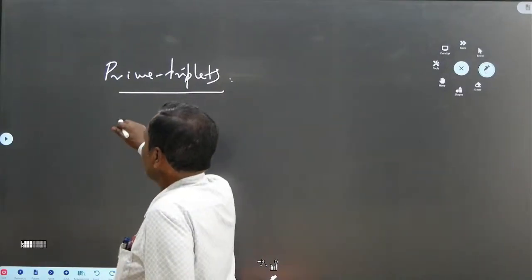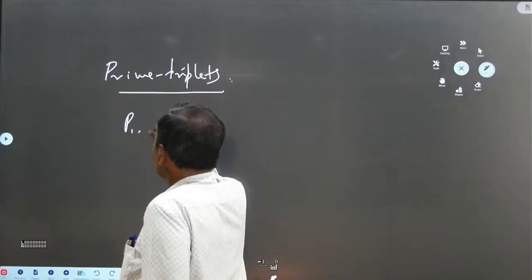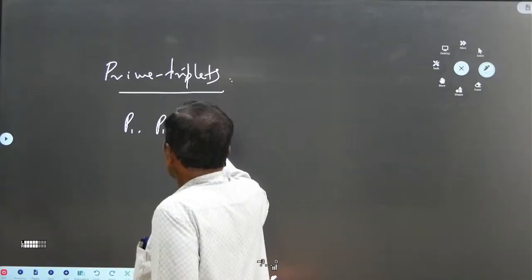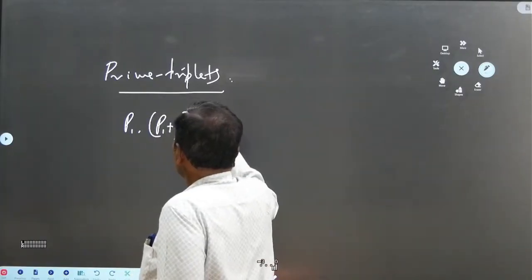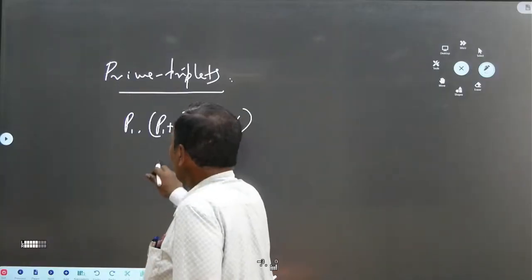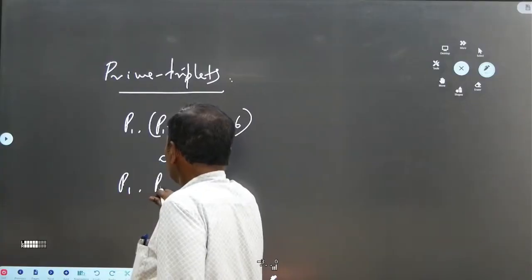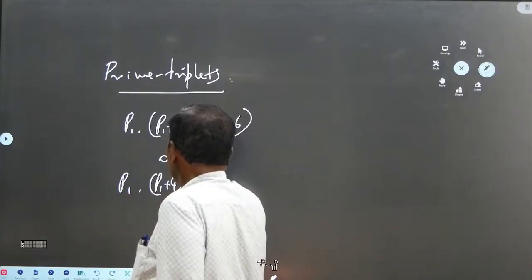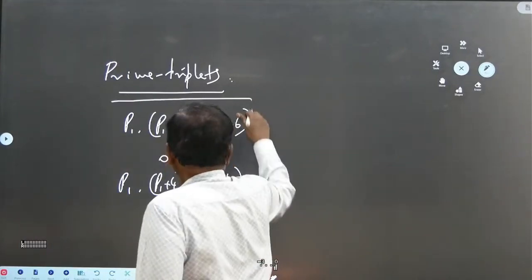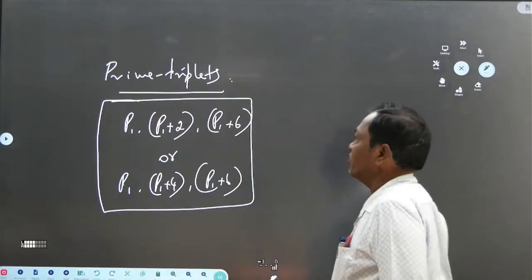Now let us see: P1, P1 plus 2, and P1 plus 6, or P1 plus 4 or P1 plus 6. Both combinations are possible. You can write this.